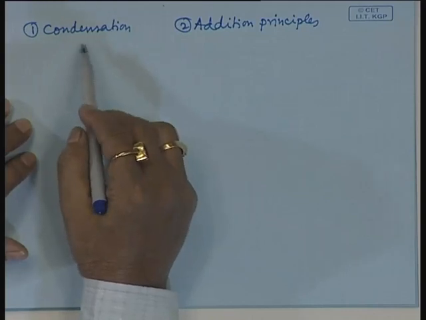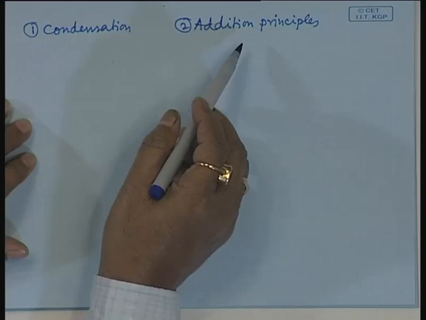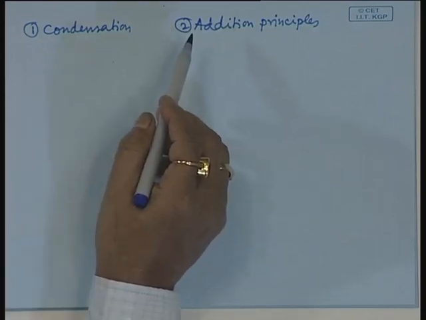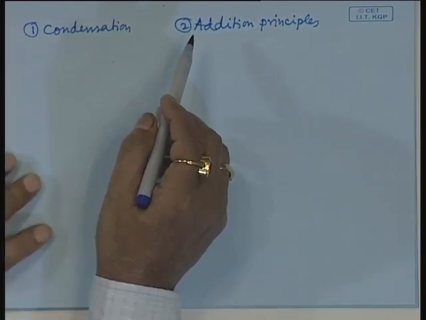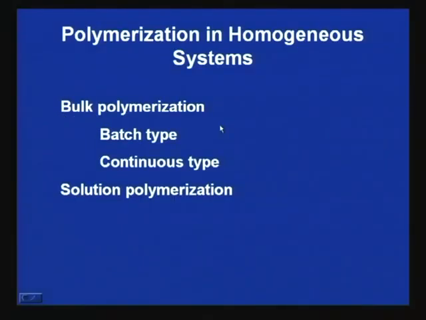Both of these principles can be applied for manufacturing polymer using this bulk technique or solution technique, suspension or emulsion technique. It depends on the characteristics of the polymerization reactions.